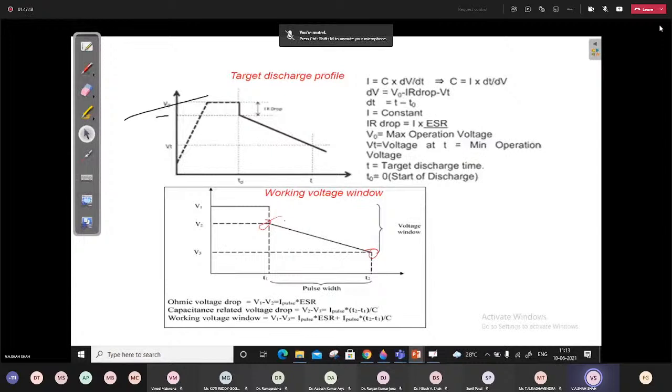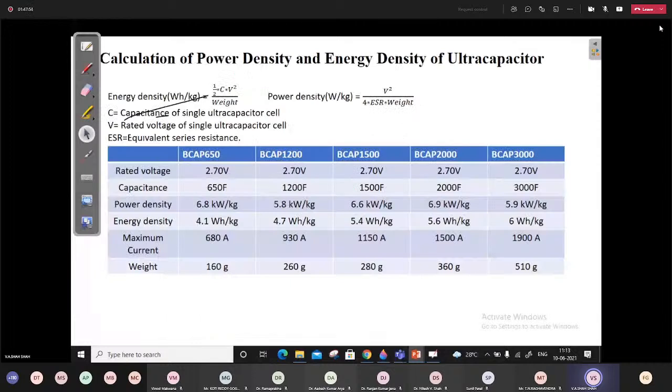You can calculate the energy density and power density using half C V square divided by weight, and V square by 4 into ESR into weight for the power density. For different capacitance values, you get different power density and energy density. You can see the energy density is low, but power density is very, very high.